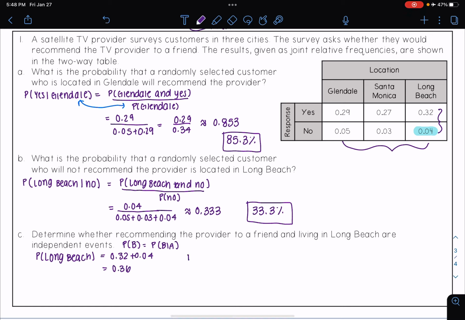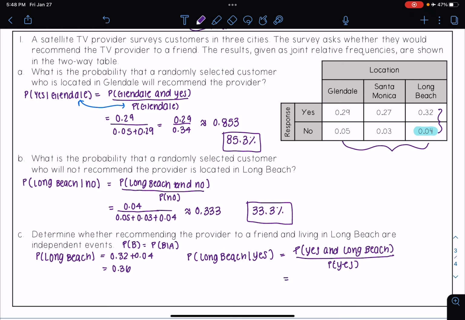I want to compare that to the probability of Long Beach given yes. Again, using that formula, that's going to be the probability of yes in Long Beach over the probability of yes.